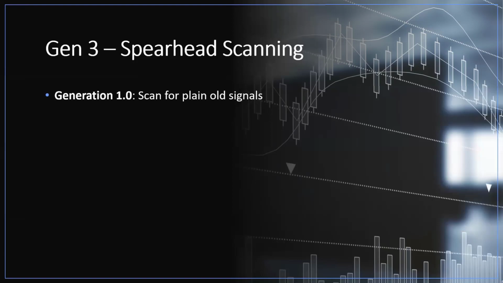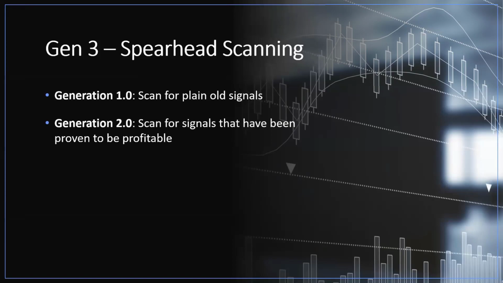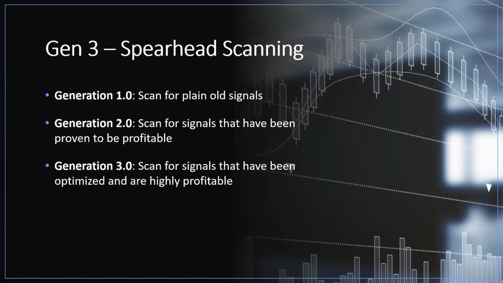Generation 2 is I want to scan for signals which have been proven to be profitable in the past. Okay, that's already one step further. So now we're not only considering any symbols, any signals, but only the signals which have been proven to be profitable. But we can even push it one step further. This is what we call generation 3 spearhead scanning. Here, we only scan for signals which have been optimized and are highly profitable.